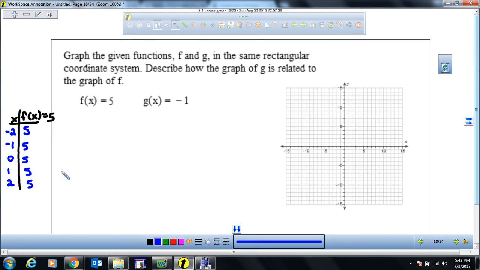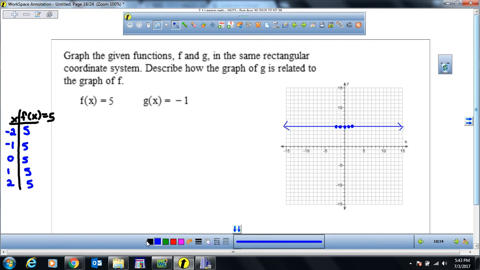And what is it going to look like if I graph these points? For example, (-2, 5), (-1, 5), (0, 5), (1, 5), (2, 5). So what do we see there? We see that this graph is going to generate a horizontal line at y equals 5.